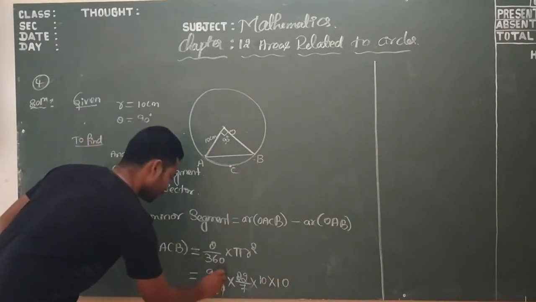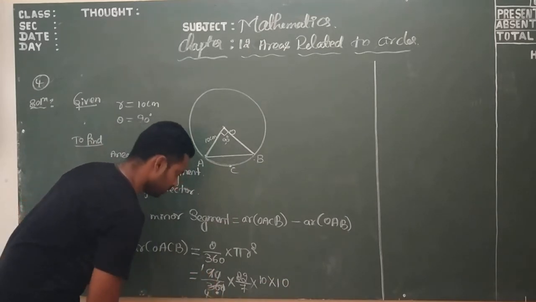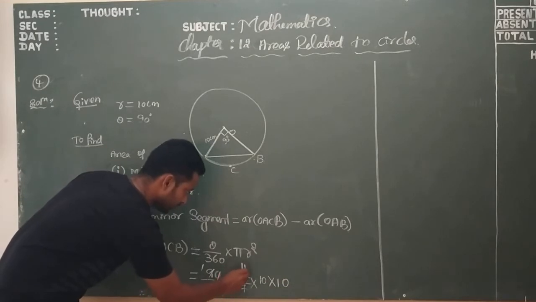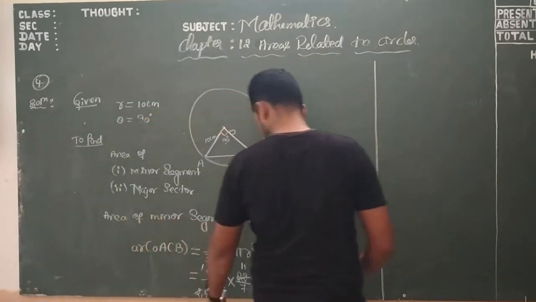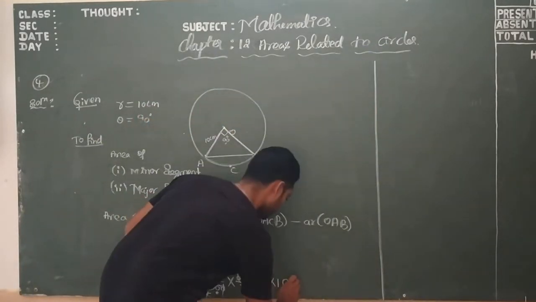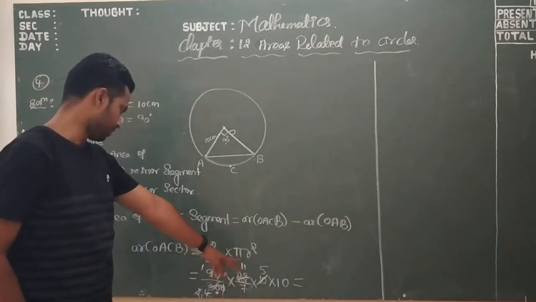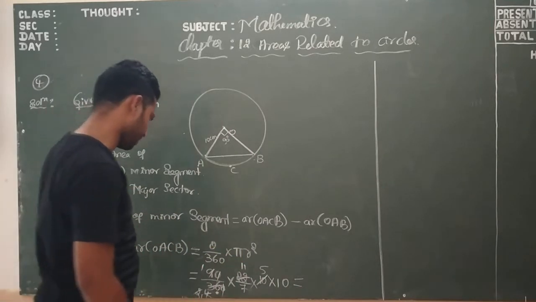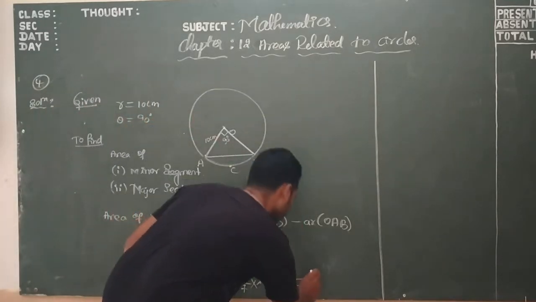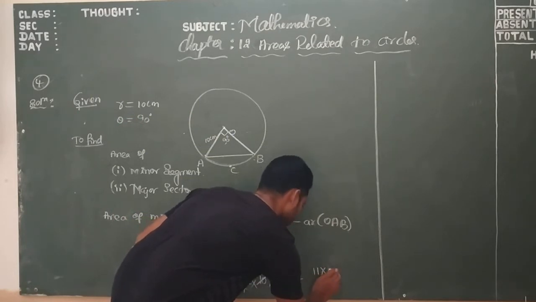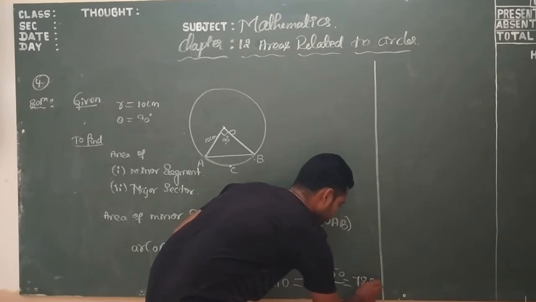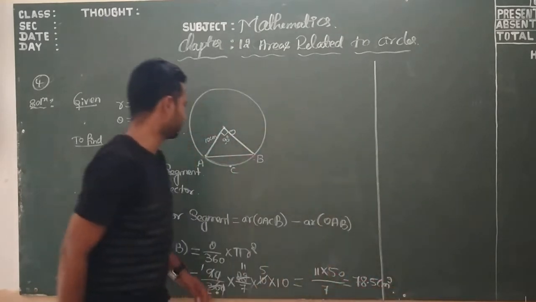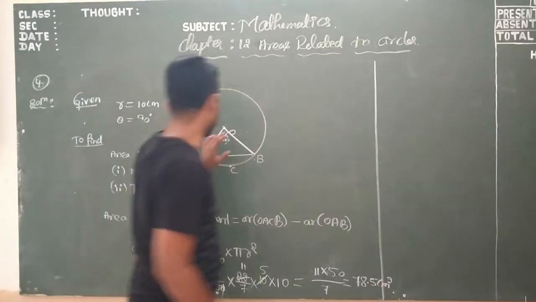So zero gets cancelled, and simplifying, it becomes 55 by 7 into 50 by 7, equal to 78.5 centimeter square. So this is the area of the sector OACB.